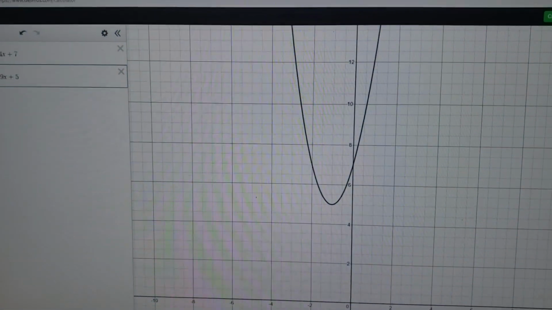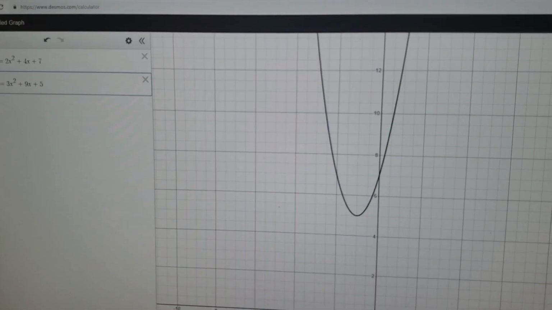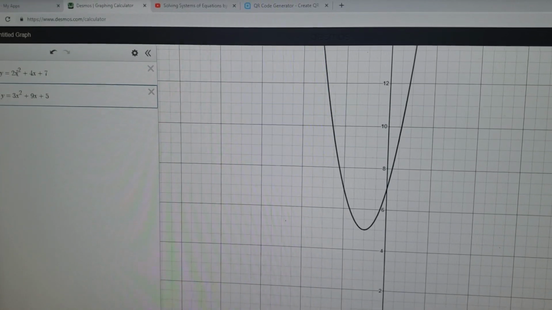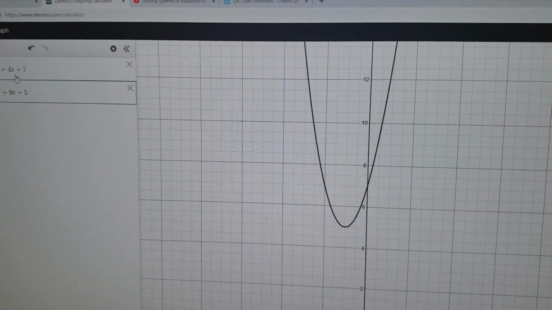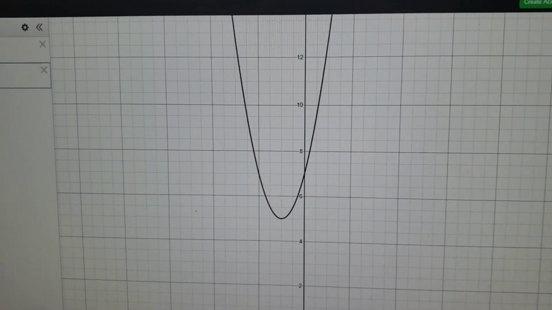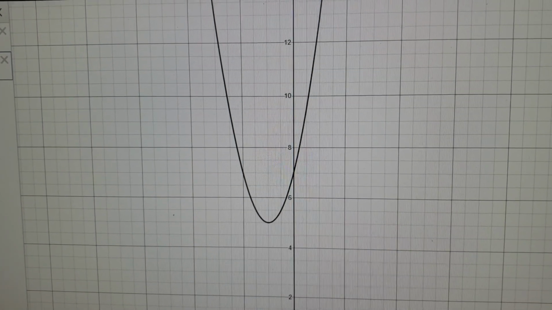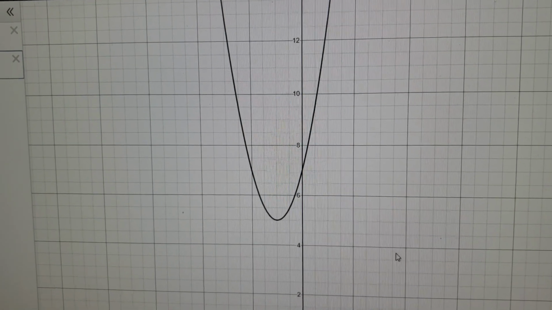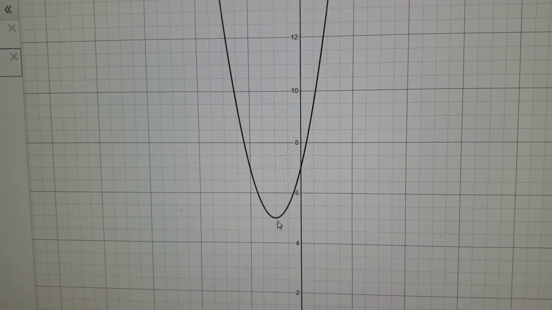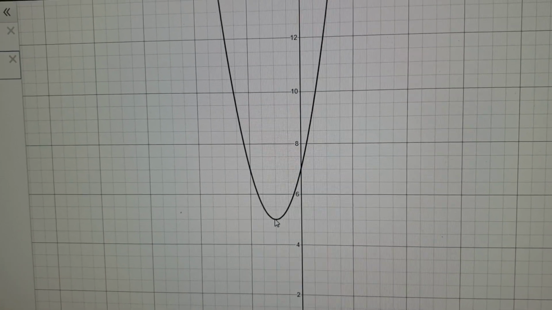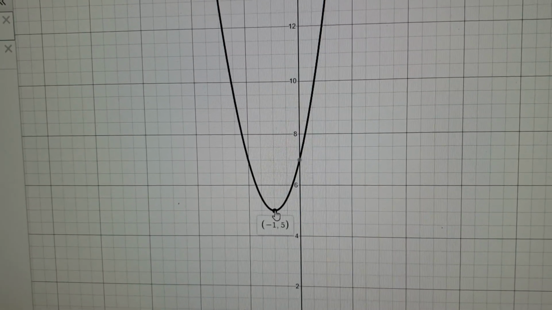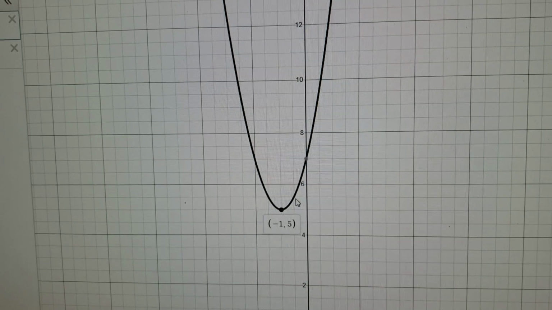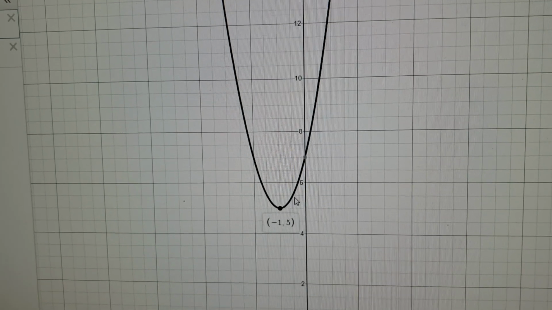So I want to take a look at the graph for my equation. So the graph for my equation, the original was y equals 2x squared plus 4x plus 7. And we said that our vertex was at -1, 5. So if we look right here, you have to get it exactly in the right spot. There's our vertex, -1, 5.